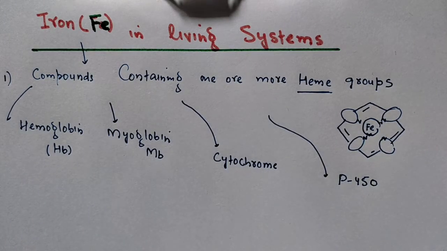These are the major four compounds present in living organisms, whether plants or animals, which contain the heme group: the macrocyclic ring, four pyrrole groups at the four corners connected by methane bridges, with iron at the center.